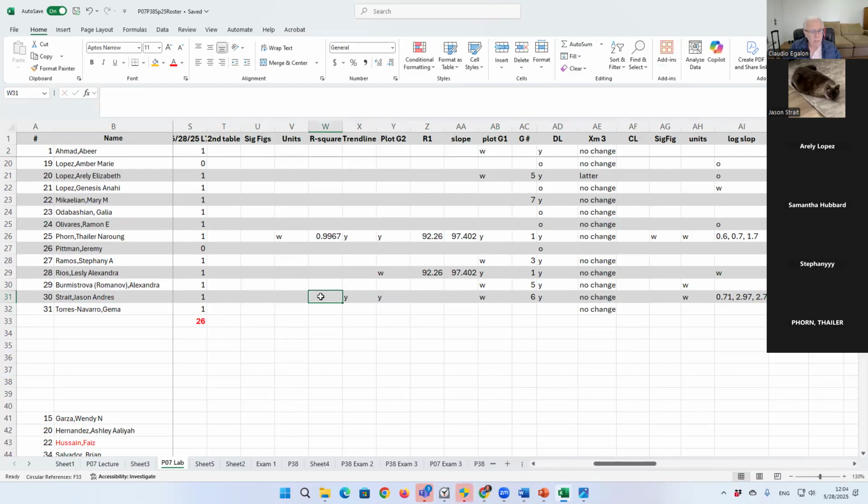What is the R square? For graph 2, I got 0.9971. Okay, that's good. Finish the first one and double check your slope with the result of your measurement, with the measurement of your resistance.